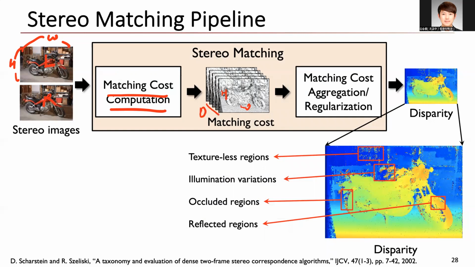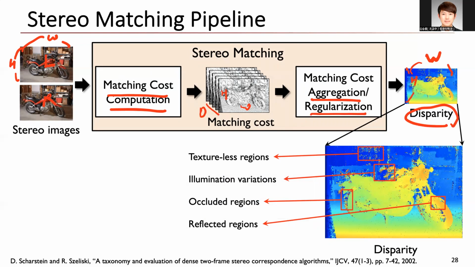Then we pick the best in matching cost selection. Additionally, we use cost aggregation or regularization, where we encourage nearby pixels to have similar depth information. Finally, we achieve the disparity map, which is H by W. This is the stereo matching pipeline.